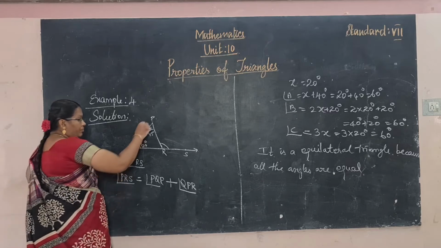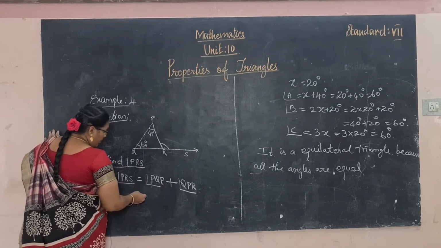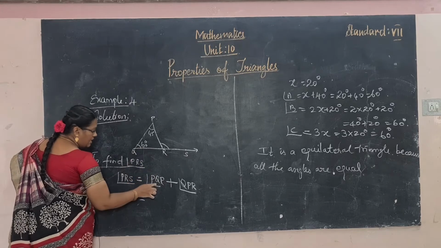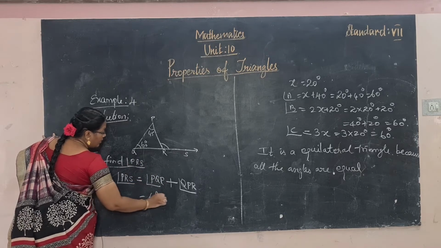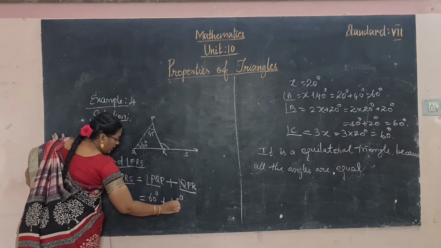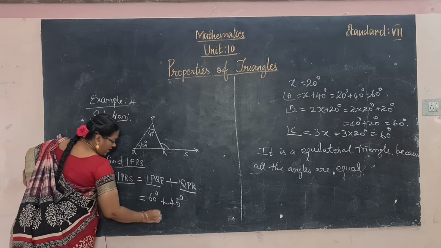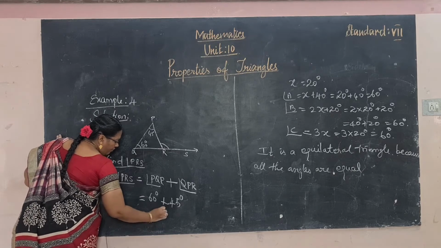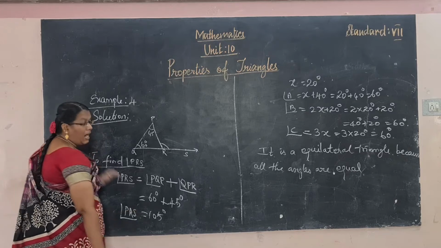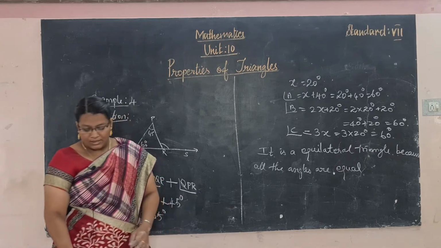So write the values. The angle Q is 60 degrees plus the P value, which was 45 degrees. Add these values, and what do we get? 105 degrees. So angle PRS is equal to 105 degrees. That's it.